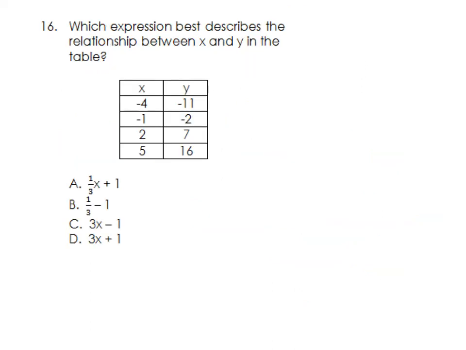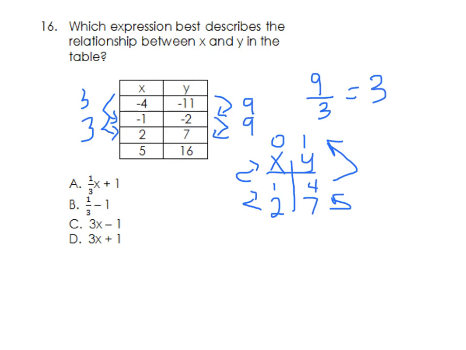For this one, the best way to proceed is to use the stat edit and stat calculate on your calculator. If not, then go ahead and find the rate of change and take it from there. Okay, so my change in y was 9 and my change in x was 3. So my total rate of change is 3. Then I needed to get where x was 0.